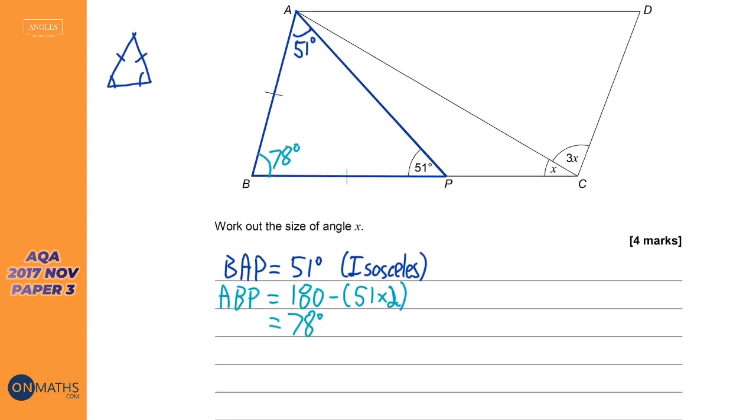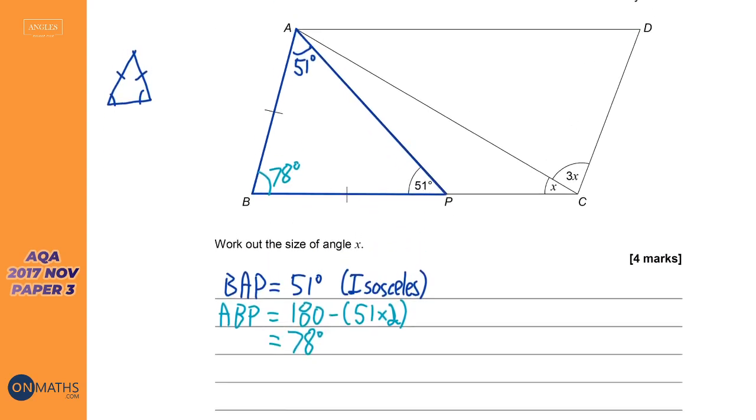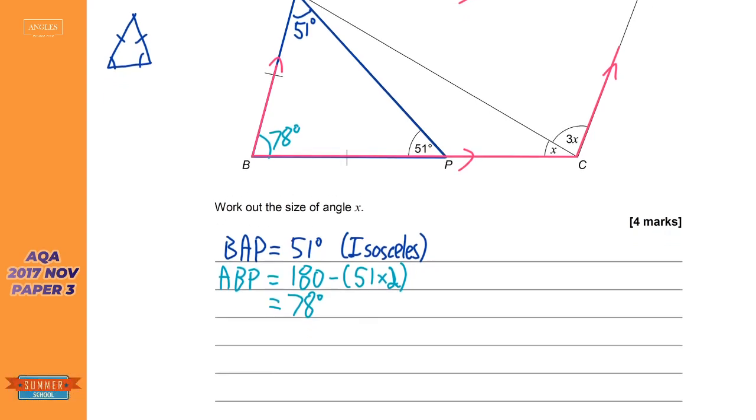And what we know about a parallelogram is all sides in a parallelogram are part of a pair of parallel sides. So these two here and these two here. So what that means is, I'll just draw it in to be really clear, we've got this bit here that we're interested in, because it makes the 78 degrees on the left hand side and the x plus 3x on the right hand side co-interior angles or allied angles.